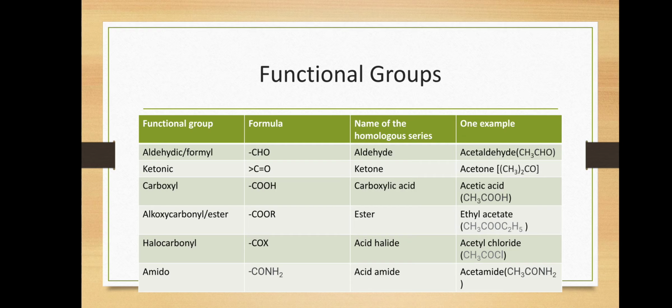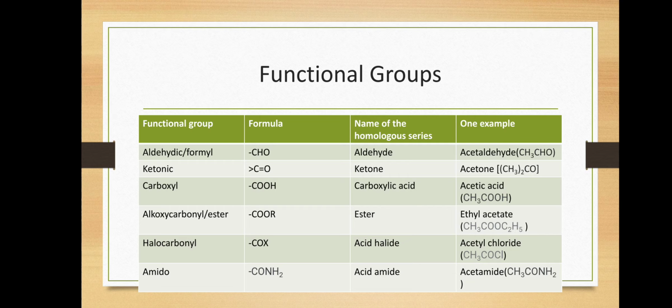Now aldehydic or formyl group, which is represented as CHO. Name of the homologous series is aldehyde and one example is acetaldehyde, which has the formula CH3CHO. Next is ketonic group. Name of the homologous series is ketone. One example is acetone, that is CH3COCH3.